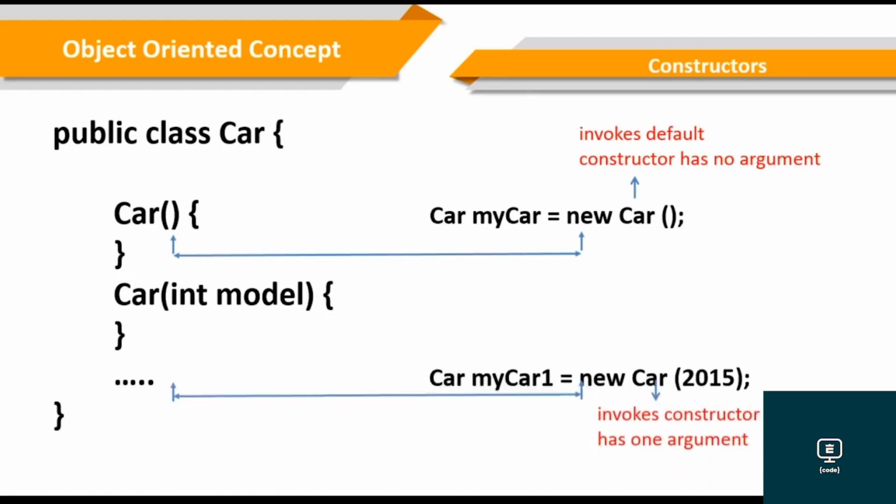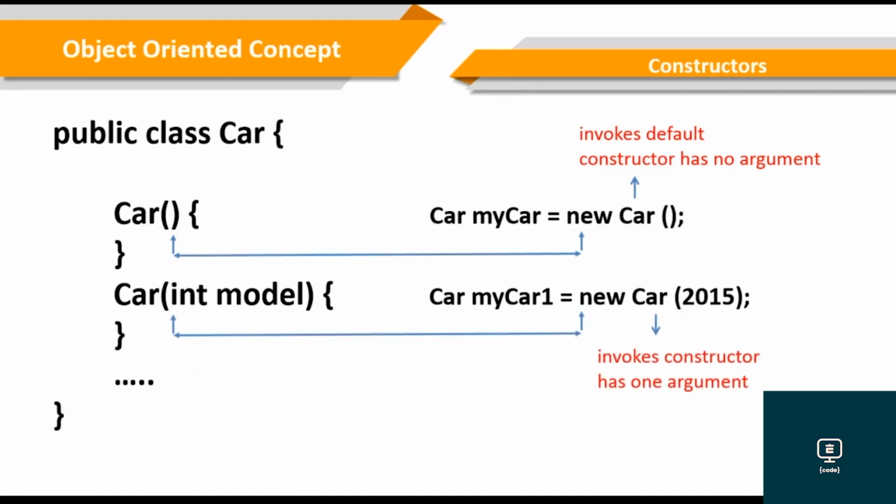Then in creating the second object, the new keyword also creates the object of class Car and invokes the constructor that has one parameter to initialize the newly created object.